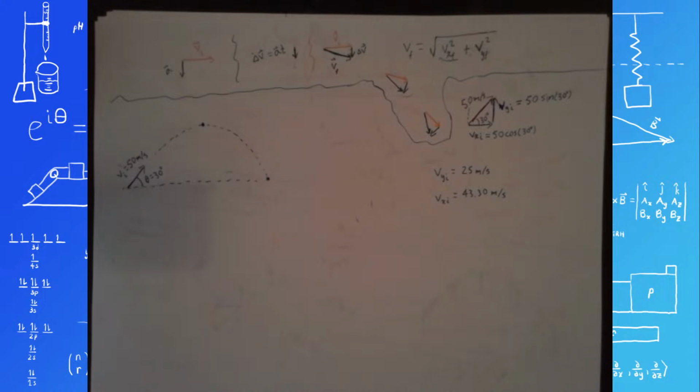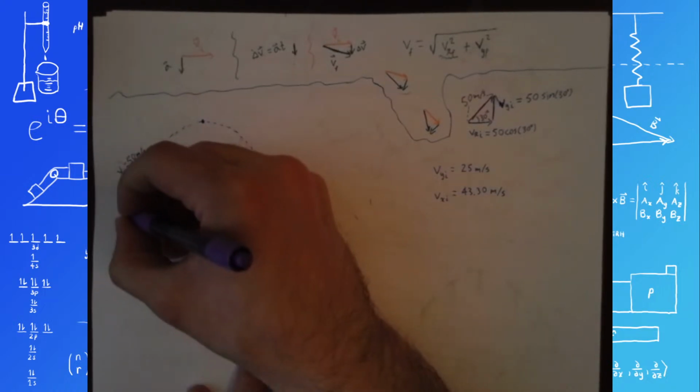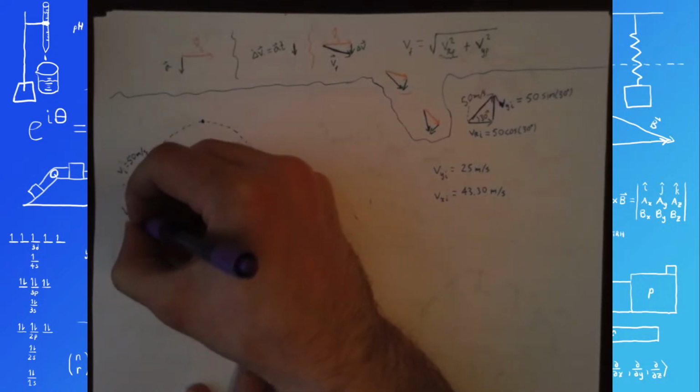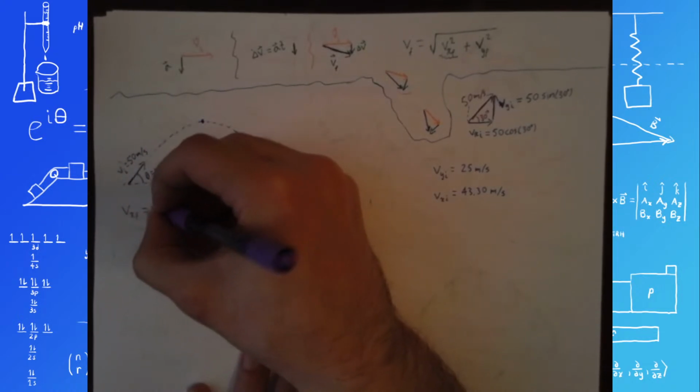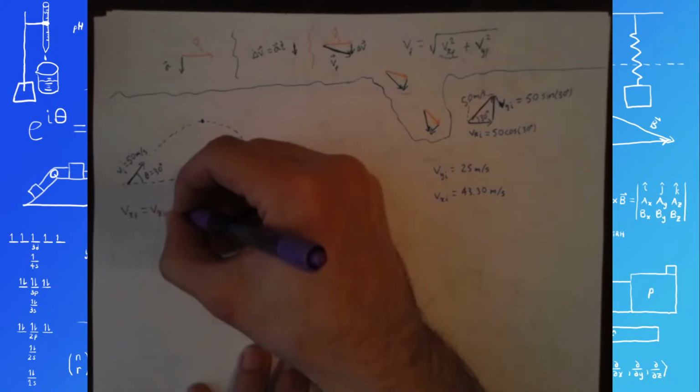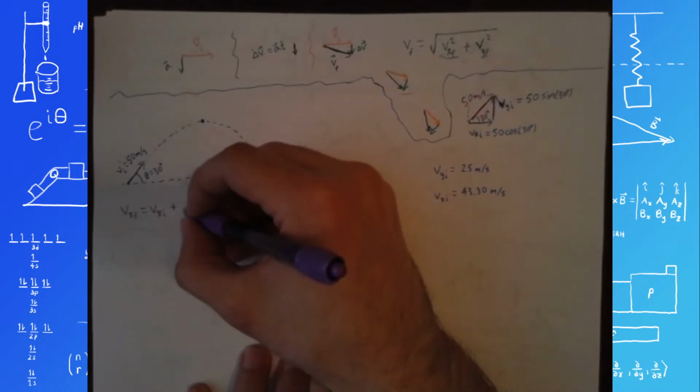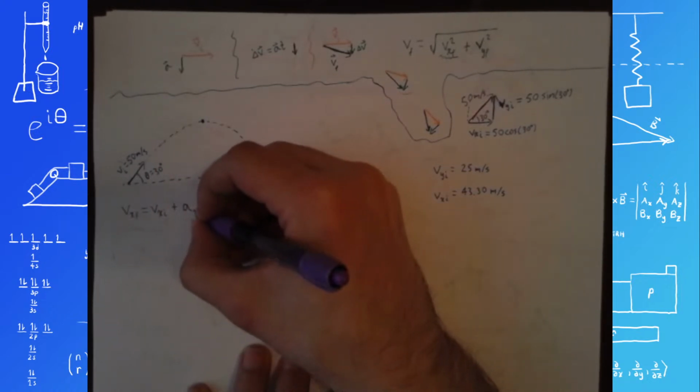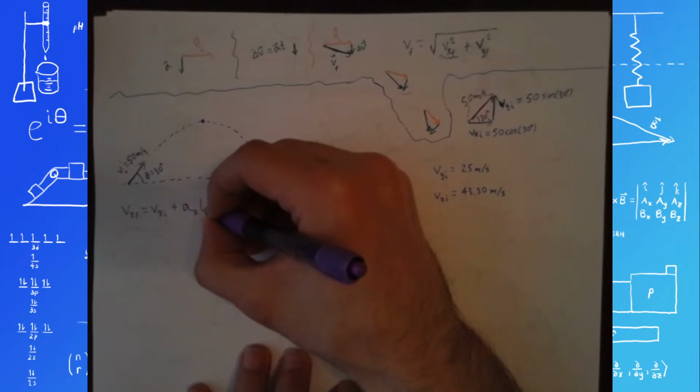So for the x direction, I will write Vx final equals Vx initial plus acceleration in x times time.